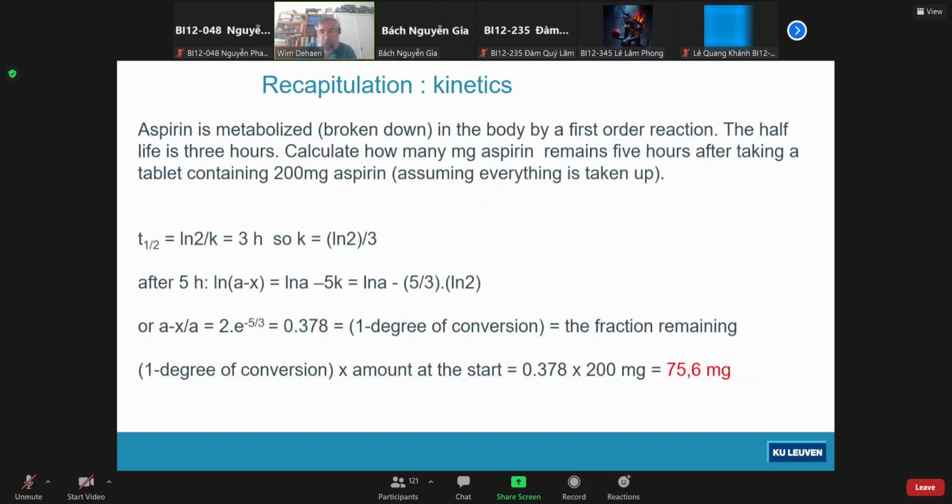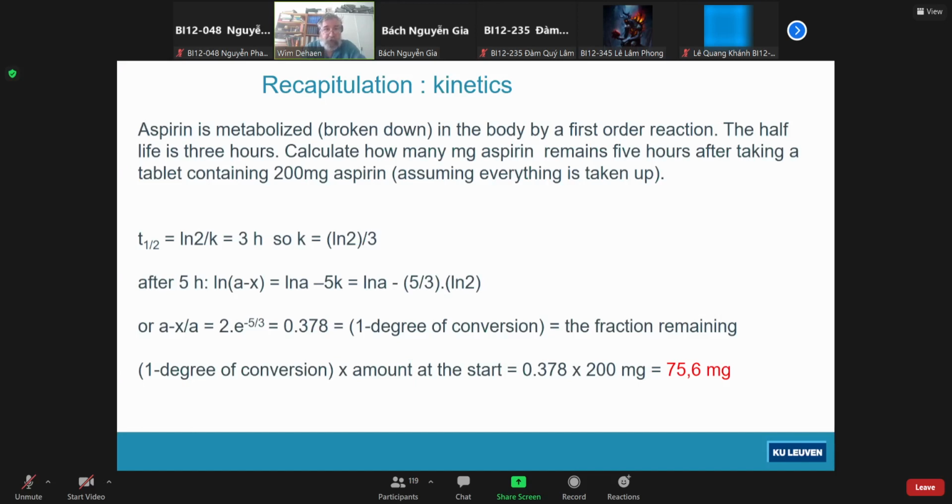Here we have a small example of an exercise. I give this course also to pharmacy students. So this example is with aspirin. Aspirin is a drug, and it's metabolized, broken down, and this is in fact a chemical reaction. The chemical reaction is first order. We don't need to know any other detail than that.